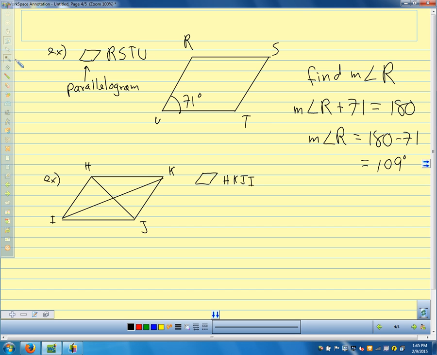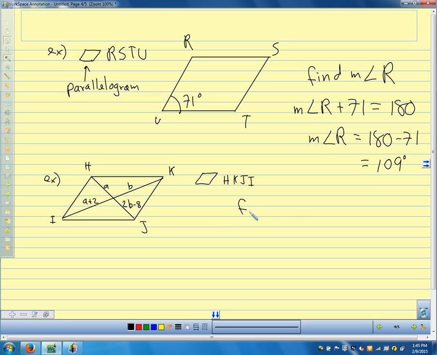They do what? Bisect each other. So this piece is A, and this is 2B minus 8. What do we know about those two pieces? They're congruent, they're the same. And if this is A plus 2, and this is B, what do we know about those two pieces? They're congruent, they're the same.